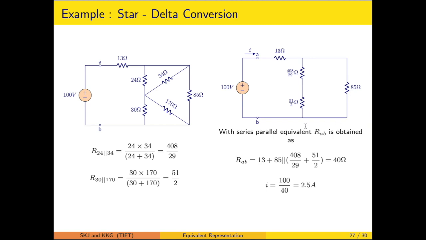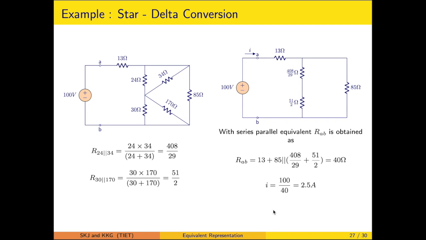Ultimately this resultant will be in series with the 13 ohm resistor. So that's how the RAB is calculated, and this is coming out to be exactly 40 ohm. Once the RAB is calculated, you can calculate the current drawn as requested in the question: 100, which is the supply voltage, divided by the equivalent resistance 40, so 2.5 amperes.